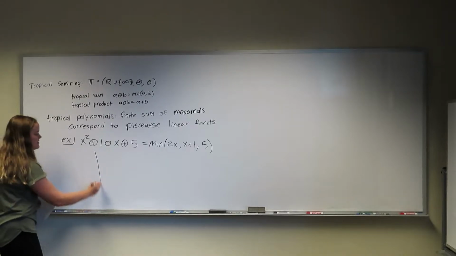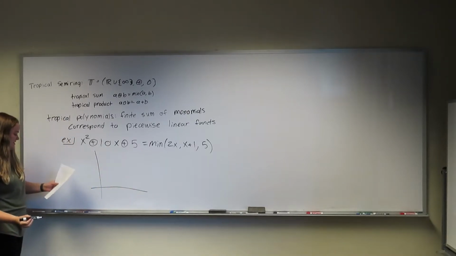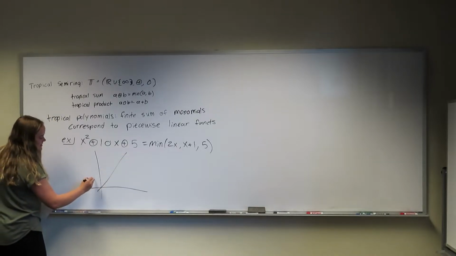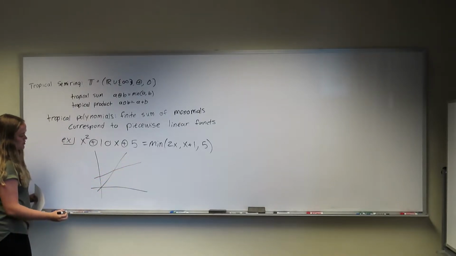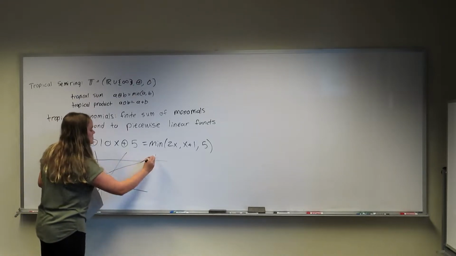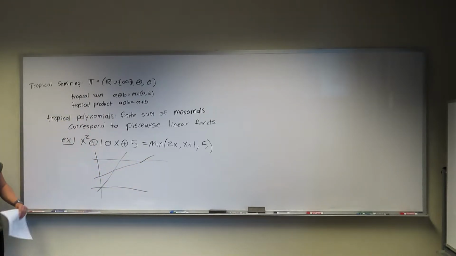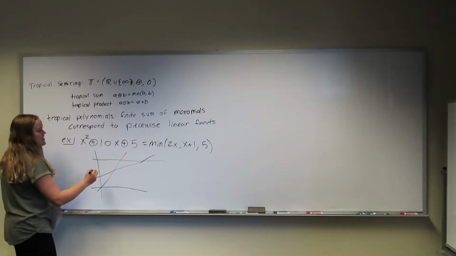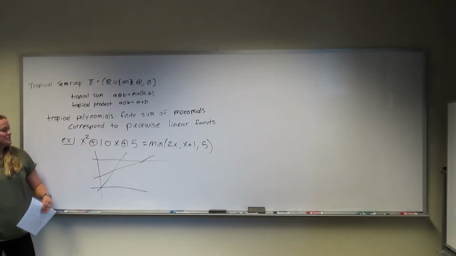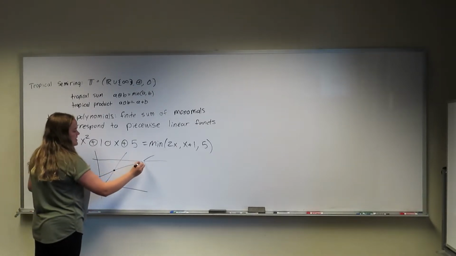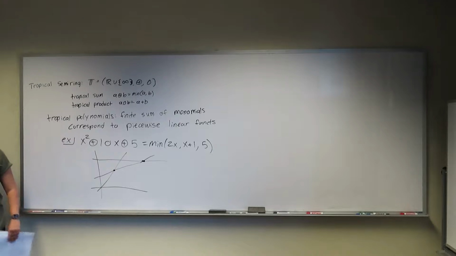If you graph this, it's going to look like 2x, x plus 1, and 5. Not super to scale. You would take the minimum of all these lines, and this is why these tropical polynomials correspond to piecewise linear functions, because we're taking the piecewise minimum of these lines.